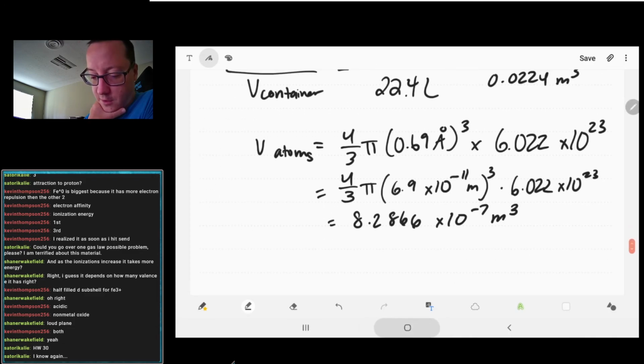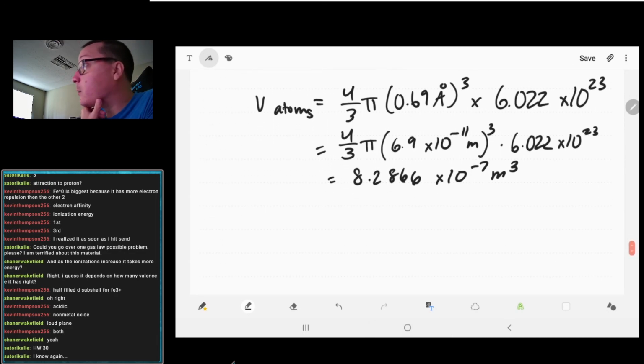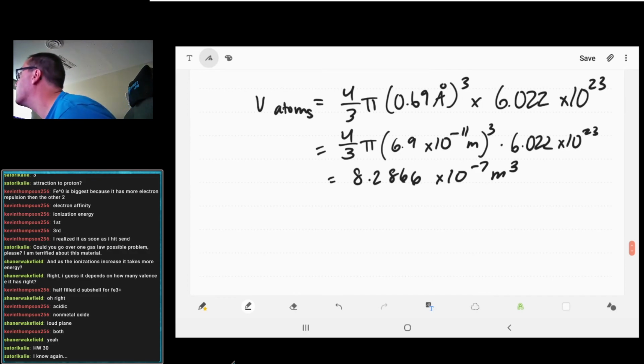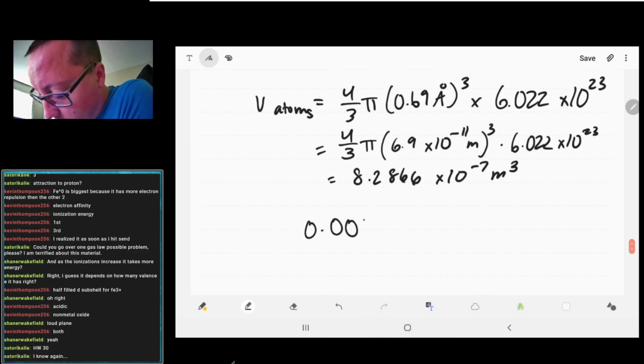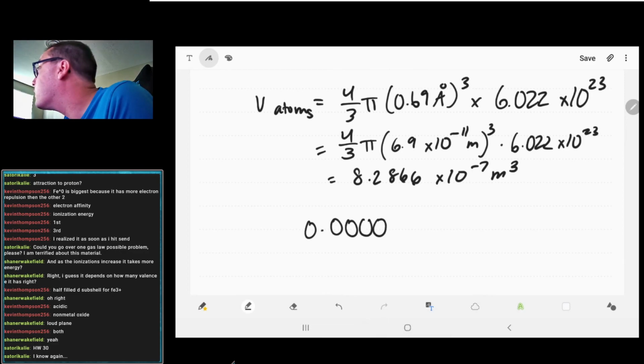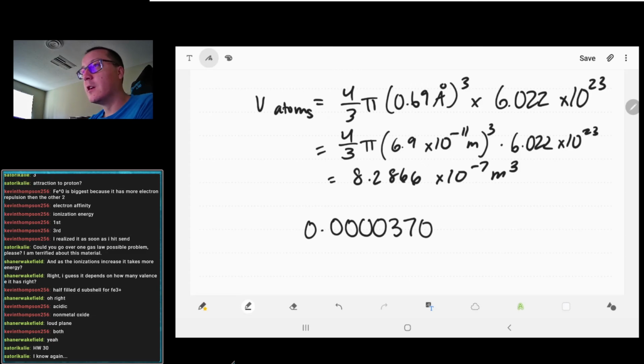What's the fraction occupied? I can't even count all these zeros. Okay, let's just do it. 0.0000370, something like that. That would be your answer. I don't think it asked for percent or anything, but if it did, we can do that. What fraction? So that would be your answer.